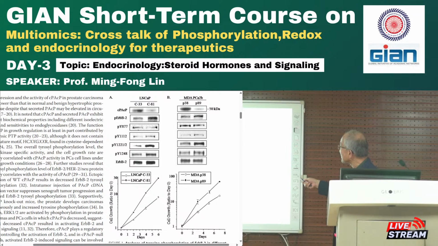When the PAP goes down, phosphorylation goes up. So we can show this phenomenon in at least two independent cell lines. And the cell growth also increases. When the PAP decreases, ERB2 phosphorylation goes up and the cell growth increases. So again, we show ERB2 phosphorylation correlated with cell growth.